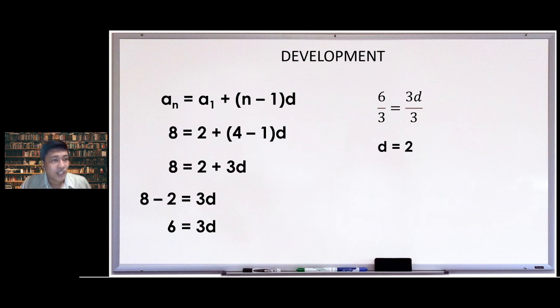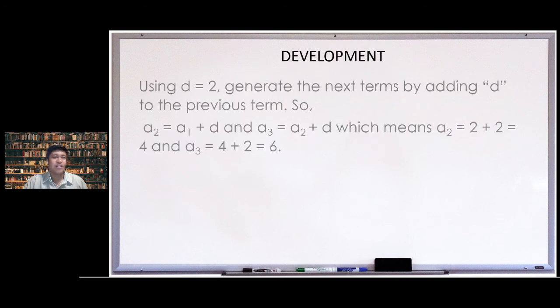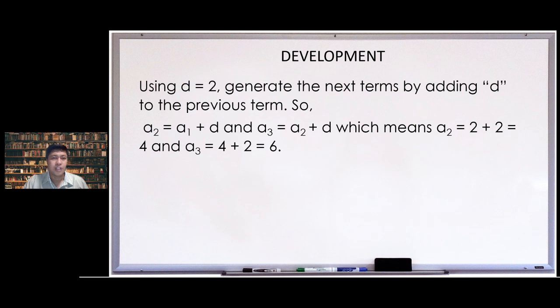So this common difference will be added to the first term in order for us to get the second term, and after getting the second term, add again by 2 to get the third term. So if the first term is 2, that is 2 plus 2, very good, the answer is 4. 4 now is the second term, and 4 plus 2 is equal to 6, which is your third term.